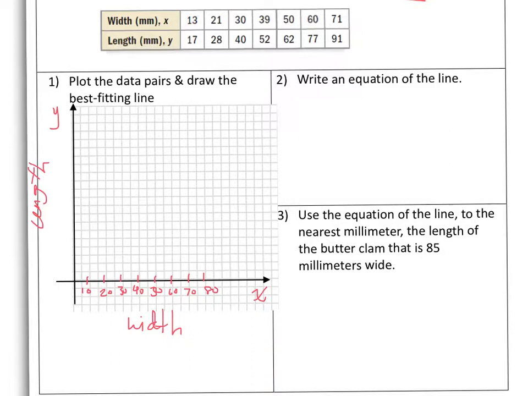And same thing for this side. You can have different increments, it doesn't matter. 10, 20, 30, 40, 50, 60, 70, 80, 100.